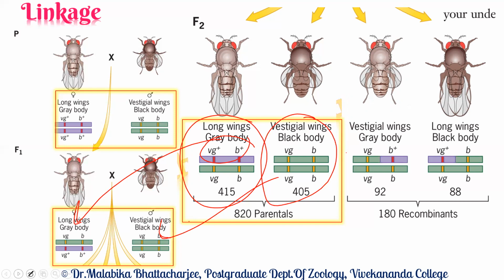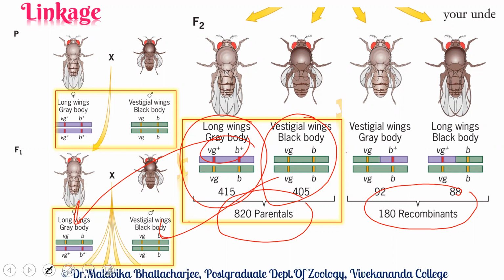Now you see the amount. When these flies were crossed and counted, 180 recombinants were observed and 820 parentals were observed. What concept did we develop till now? Had there been 500 parentals and 500 recombinants, we would have said that VG and B are independently assorted. Had there been only the parentals, we could have said that VG and B are completely linked.